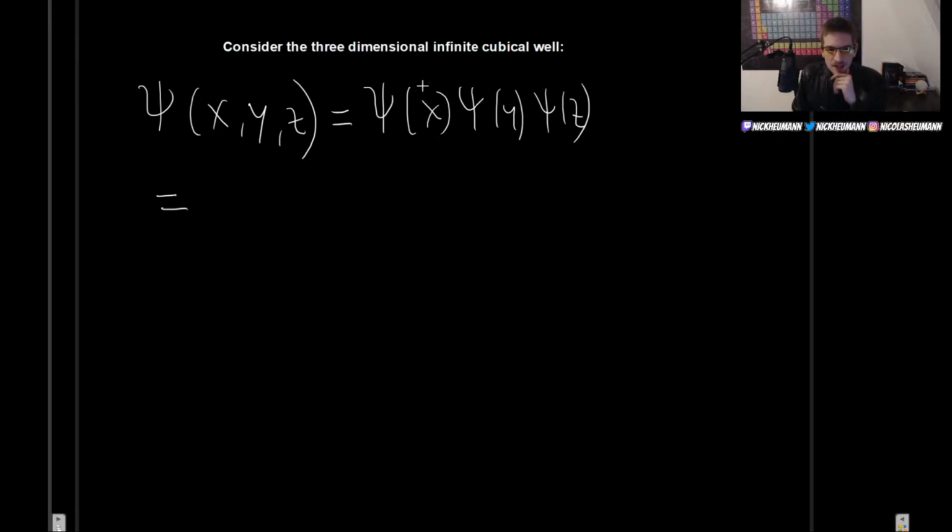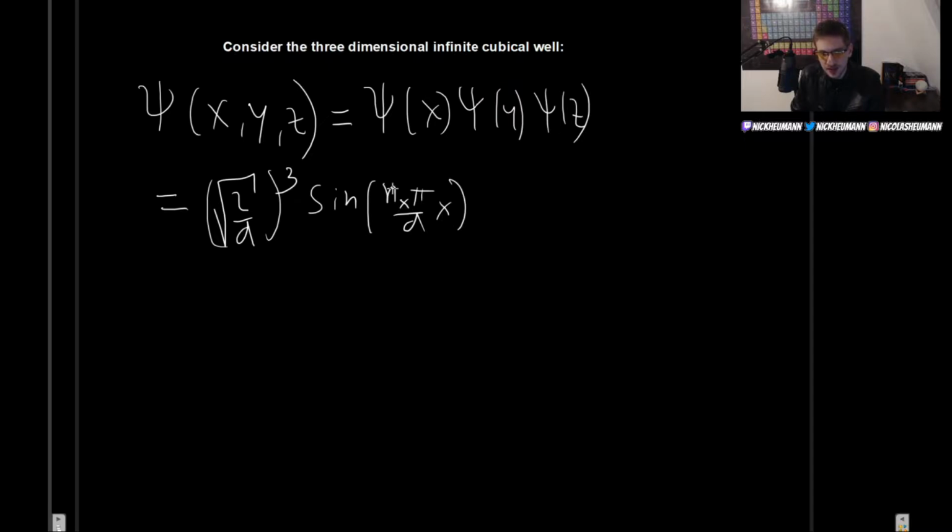And now we know what the wave function is for one-dimensional infinite wells. So now we just have to write it down, but 3 times, and multiply them. So we get square root of 2 over a, but cubed, since we multiplied 3 times, the sine of nx pi over a times x. You have to make a difference here between the different n's, since we are going to have 3 of them.